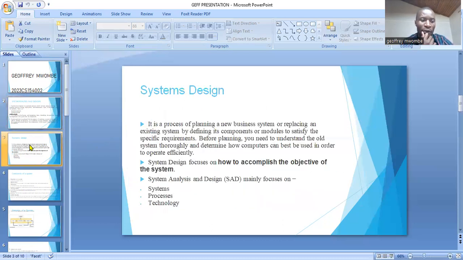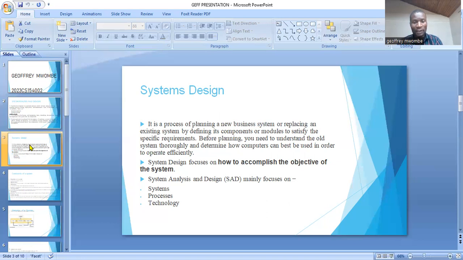Another definition is system design. System design is a process of planning a new business system or replacing an existing system by defining its components or modules to satisfy specific requirements. So before planning, what do you need?